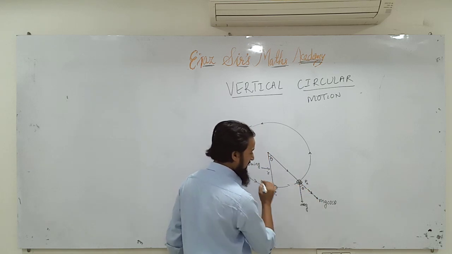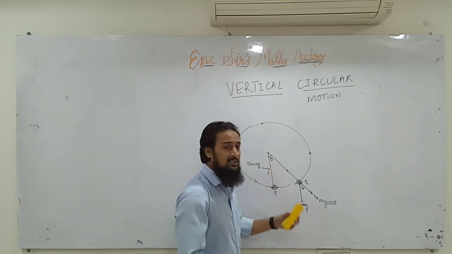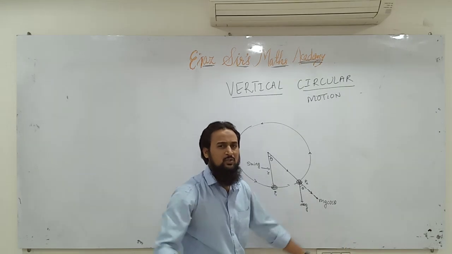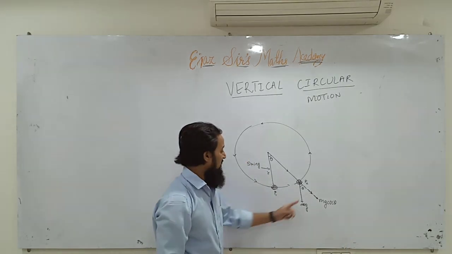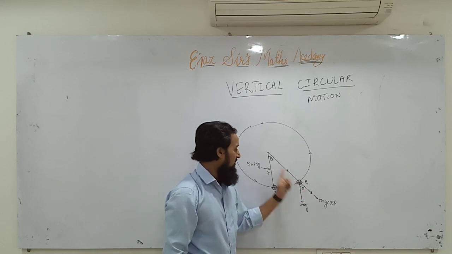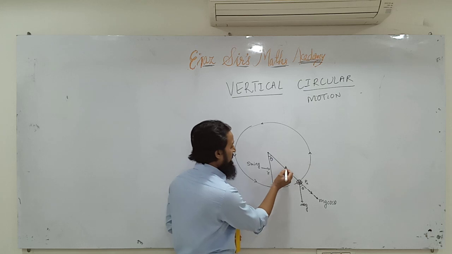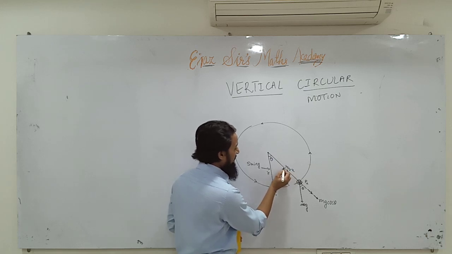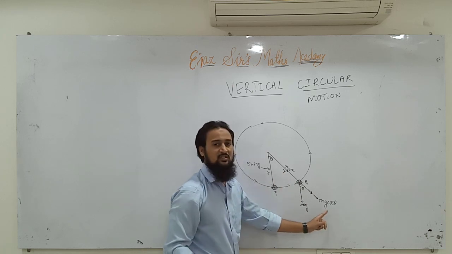And how much is the tension, the tightness, on the string? When I revolve the stone in a vertical circle, mg cos theta is pulling the string in this direction. Apart from it, mv square by r, which is the centrifugal force, is also pulling the string in this direction.